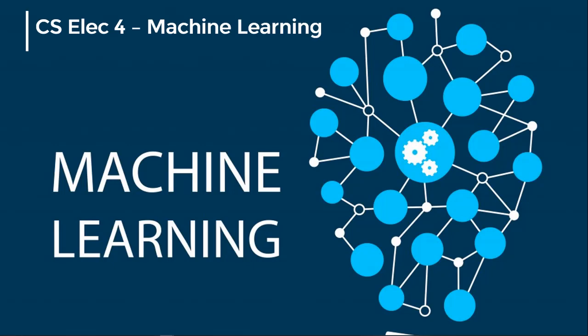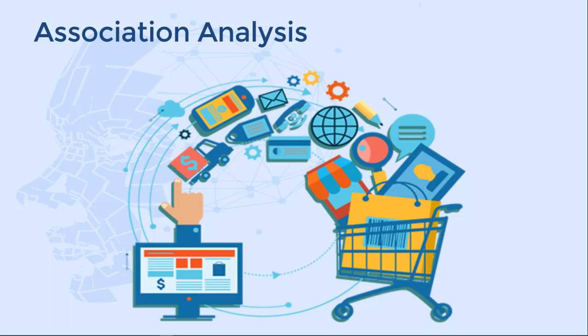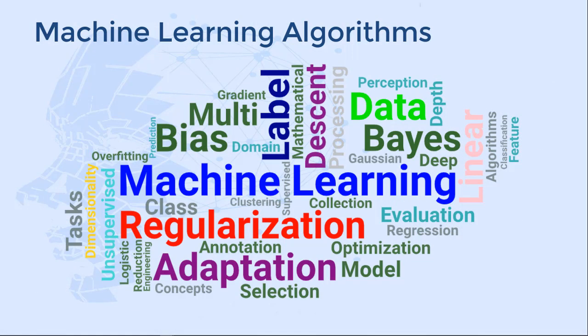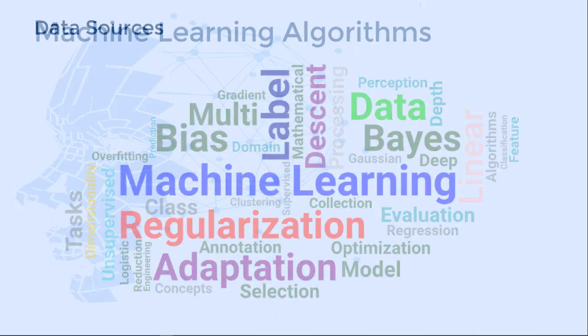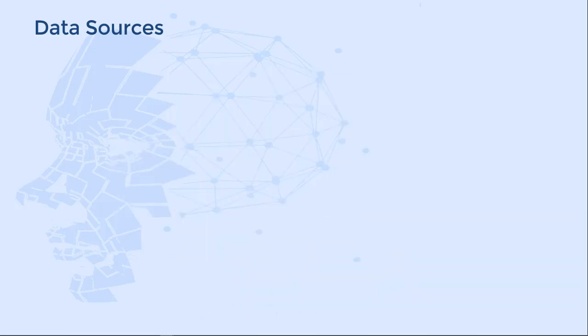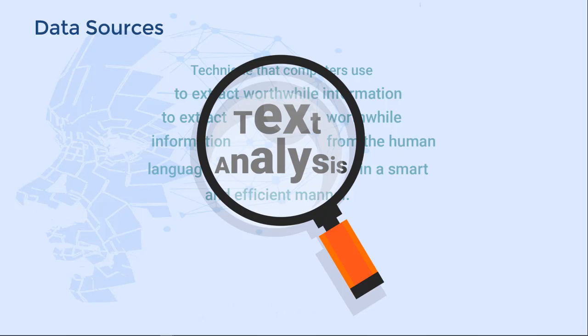Topics include basic concepts of data and data processing, data mining techniques such as association analysis, classification and clustering, and the algorithms used to implement these techniques. So students are made to analyze data in various forms, including transactional, relational, and textual data.